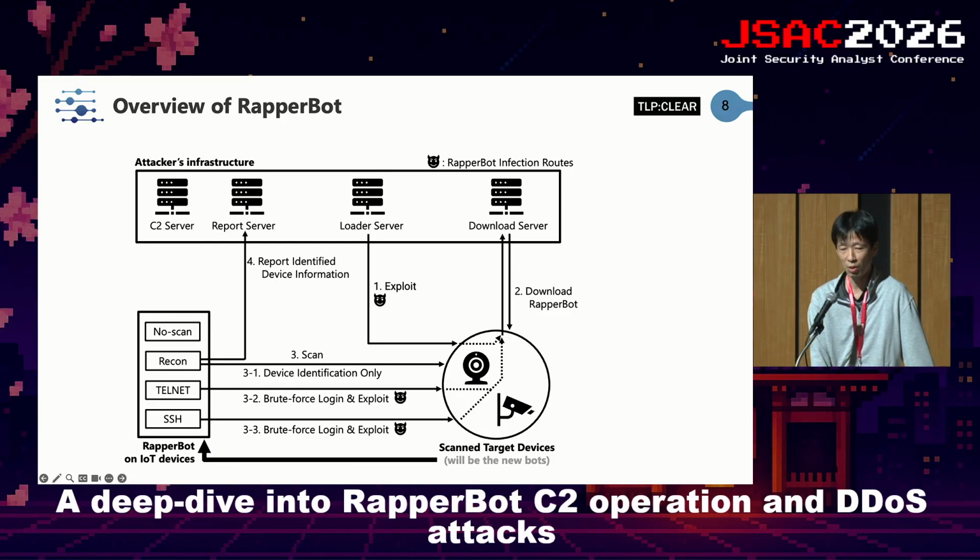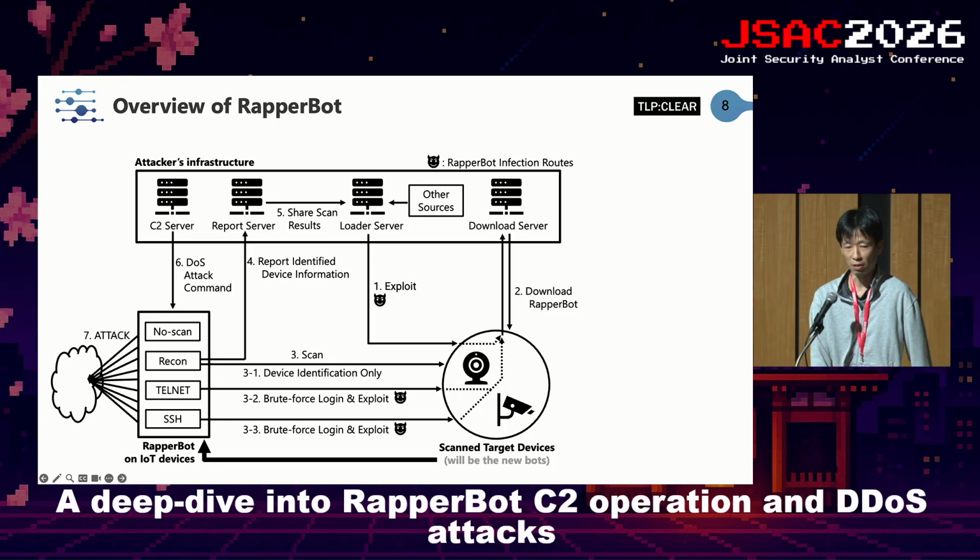The recon type, or reconnaissance type, does not infect directly, but rather sends the victim candidate device information to the report server, and the infection starts from the loader server. From the C2 server, the DDoS command is launched. The botnet then launches the attack to the internet.